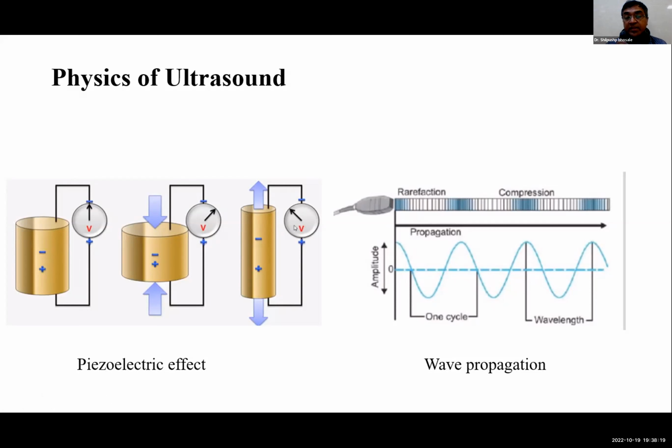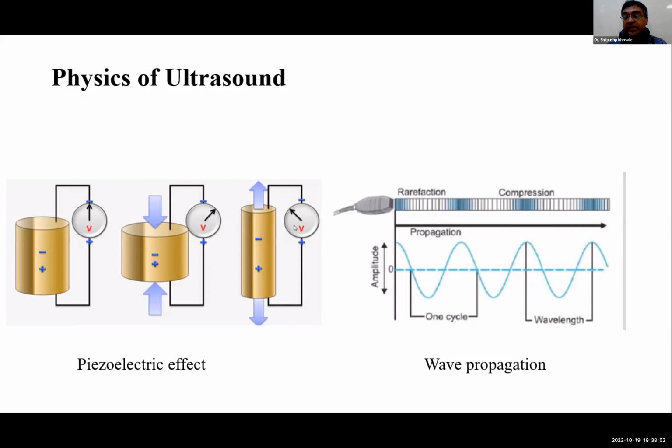You have to always remember that higher frequency probes are good for superficial structures because they are good in resolution, but they lack penetration because the wavelength is not very high. And lower frequency probes, because the cycle length is high and the frequency is low, are good for deeper structures. You can see the cardiac probes, they are low frequency probes, but they penetrate deeper into the tissues and give you good images from deeper structures.